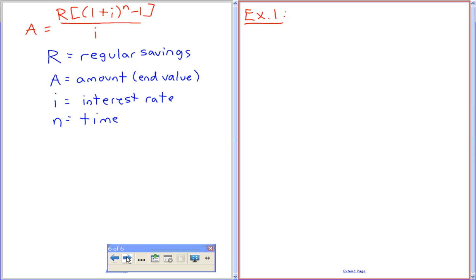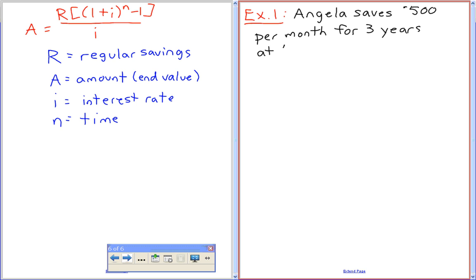Example 1 says, Angela saves $500 per month for 3 years at 4% compounded monthly.